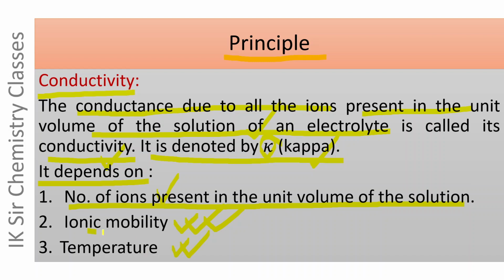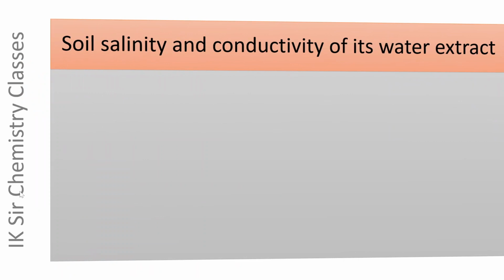That is, ionic mobility increases and therefore conductivity also increases. The conductivity increases with increase in the number of ions present in unit volume of the solution, with increase in the ionic mobility, and with increase in temperature of the solution.